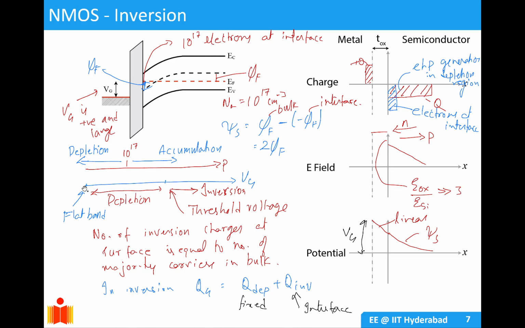So you see, you have flat band. To the left of the flat band you have accumulation. Right of the flat band you have depletion till threshold.